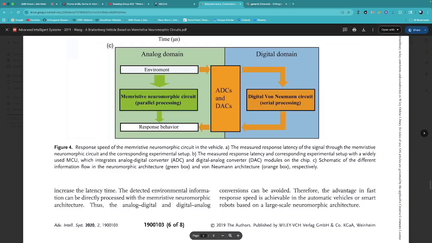The analog domain is where the environment is. And when you use a von Neumann circuit, you need to do some sort of analog to digital conversion, and then process things and then go digital to analog for the response behavior. But in a neuromorphic circuit, you'd use parallel processing, not serial processing, and you keep things in the analog domain. So there are 2 benefits to that.